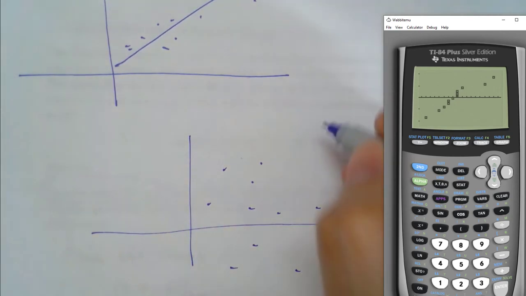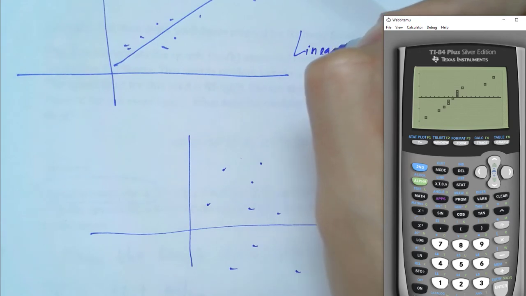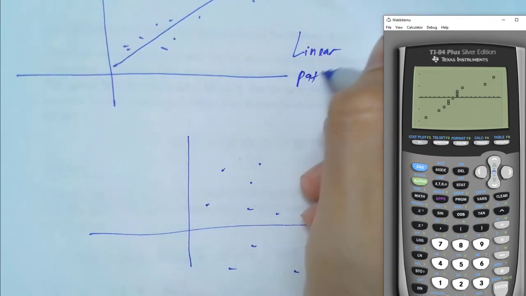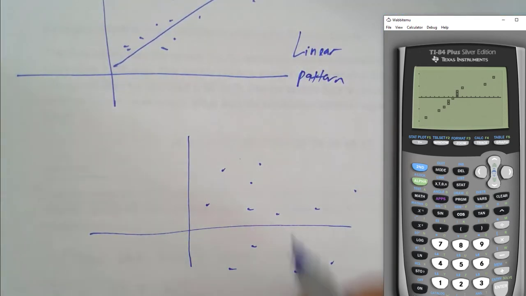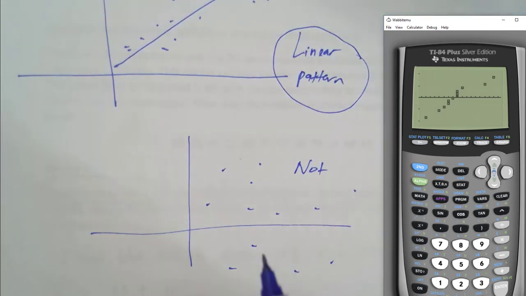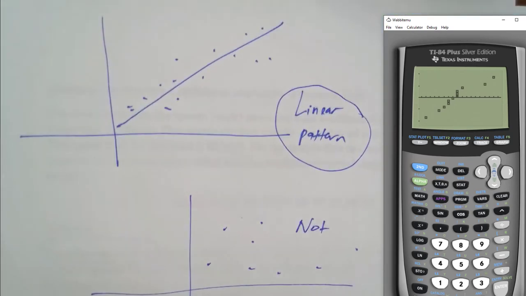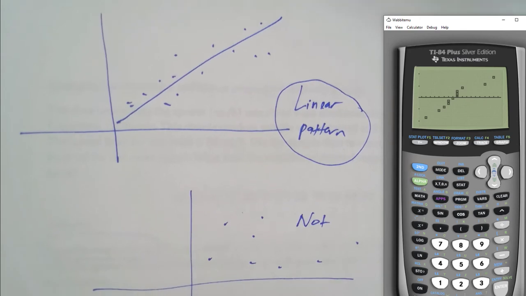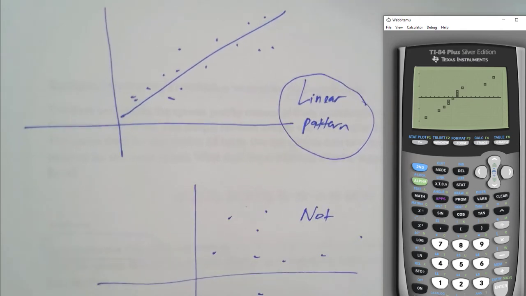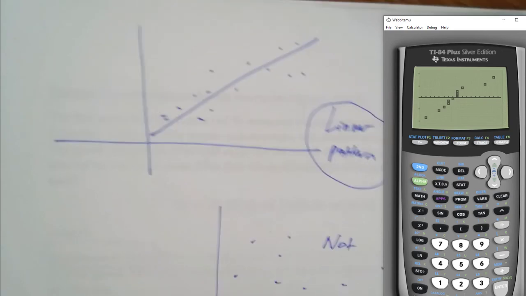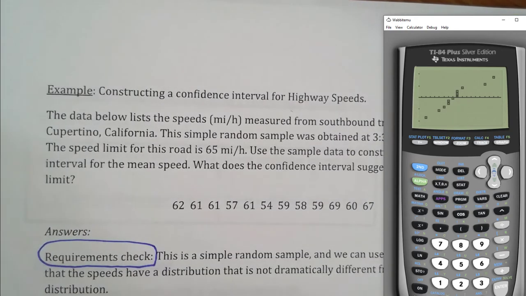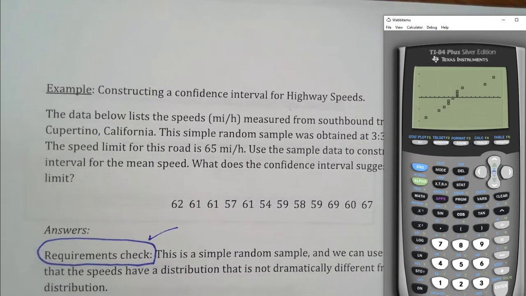This is not a linear pattern. This is a linear pattern, but this one is not. So if you do get a linear pattern for the normal probability plot, then your sample does come from a population that is normally distributed. That's why the requirement check here is okay.